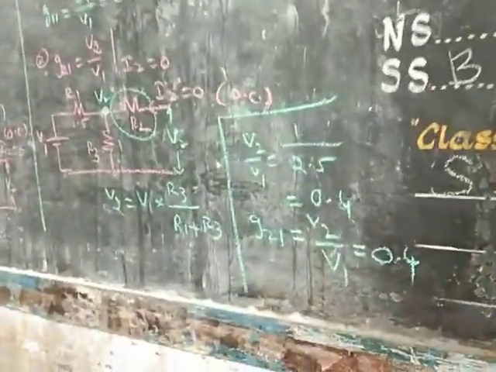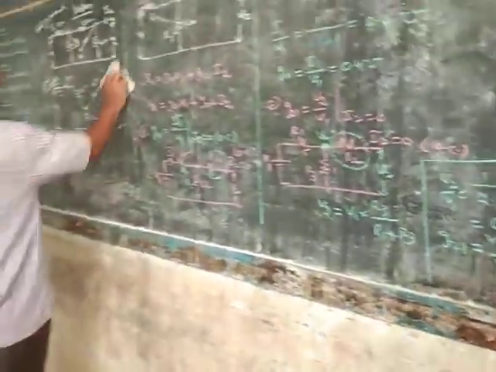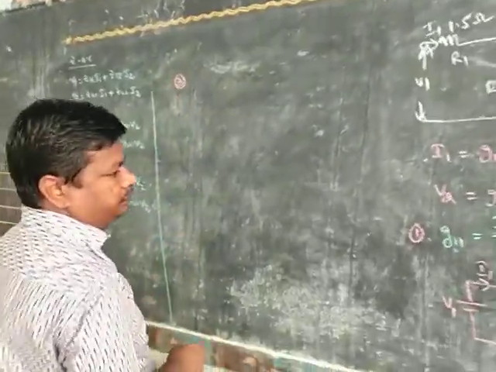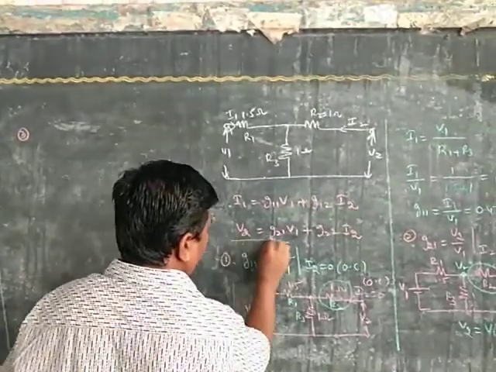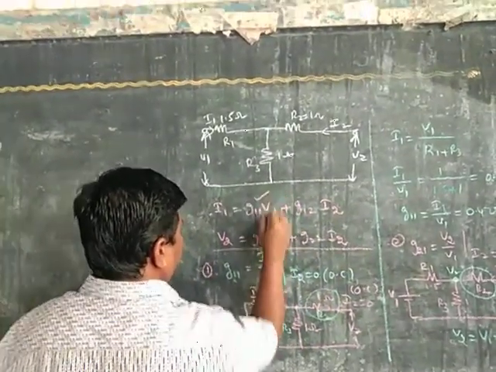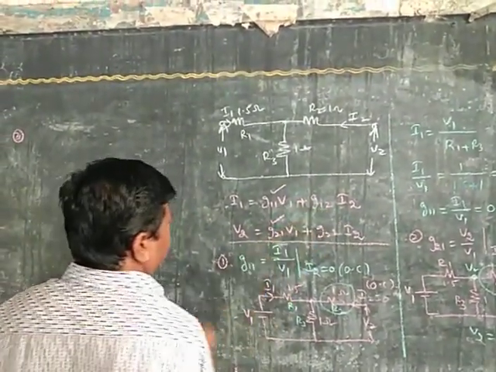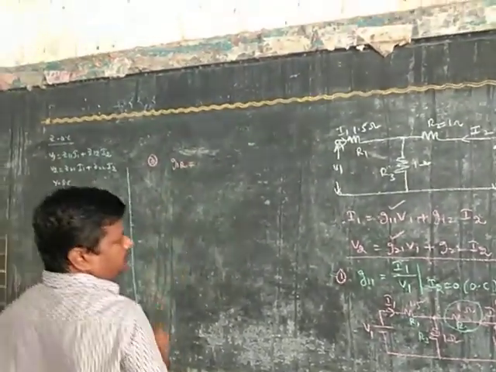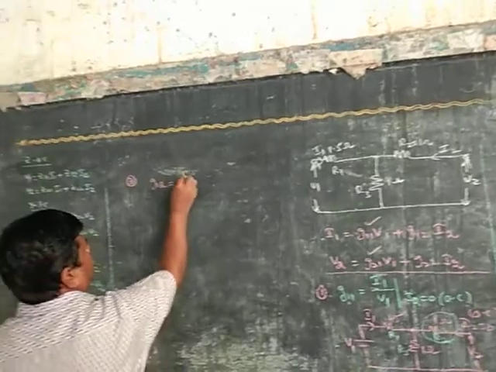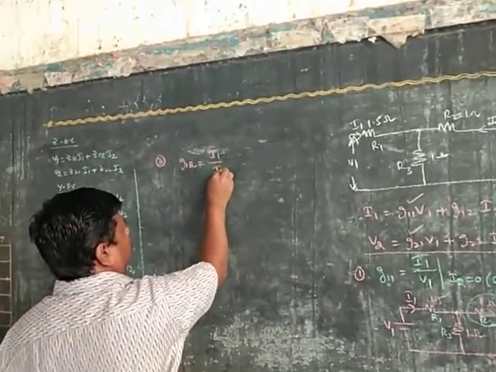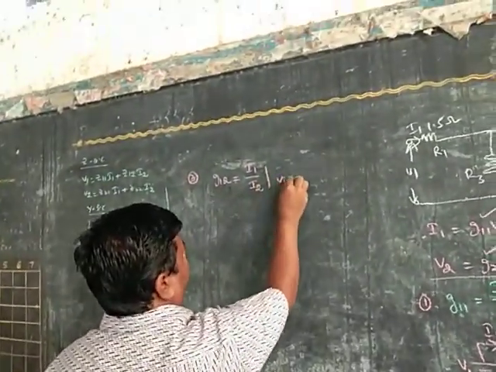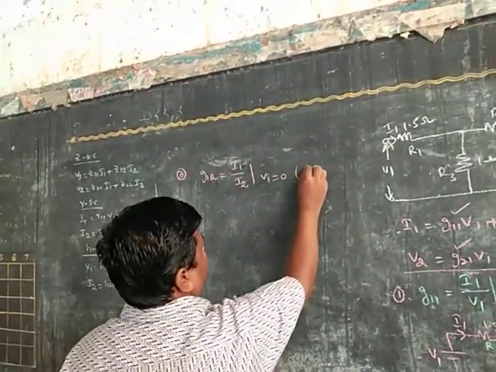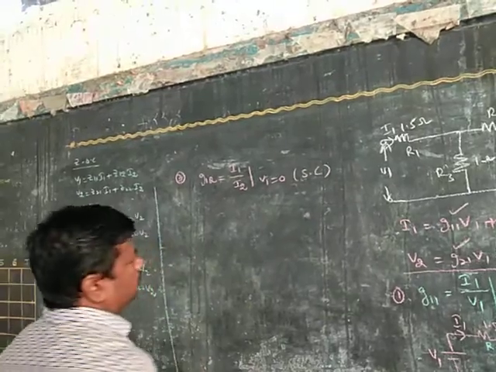That is the second parameter. Then the third parameter: these two are completed, G11, G21, and now the third, G12. G12 is equal to I1 by I2 when V1 is equal to 0. When voltage is equal to 0, it means short circuit.